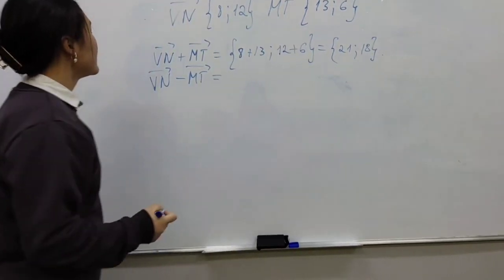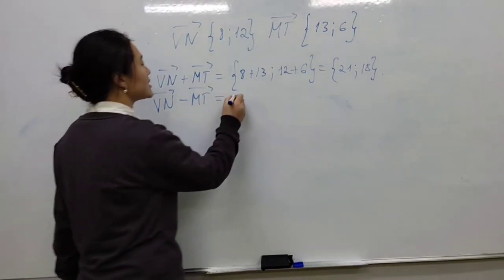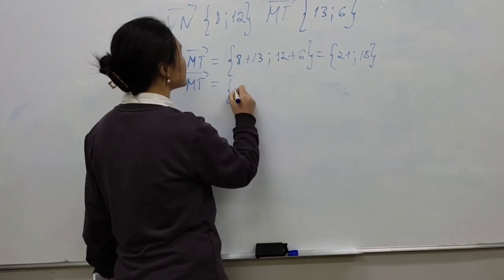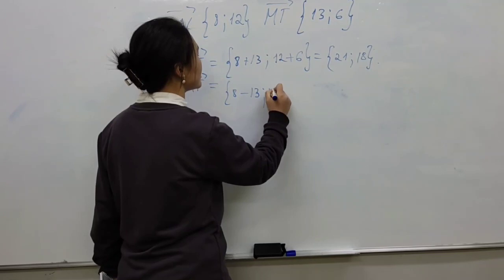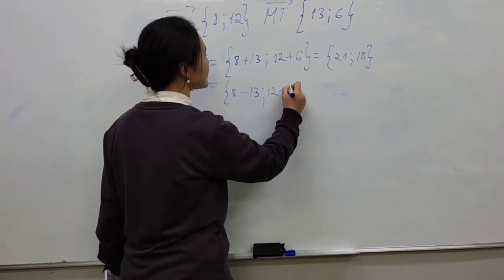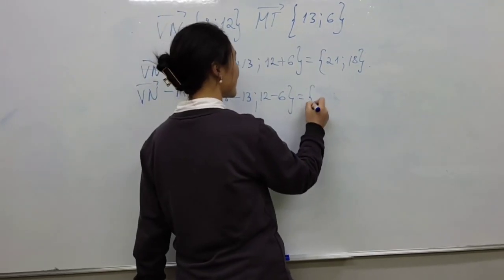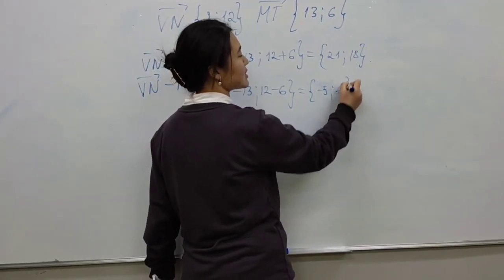Okay, and vector VN minus vector NT is equal to 8 minus 13 and 12 minus 6, which is equal to (minus 5, 6).